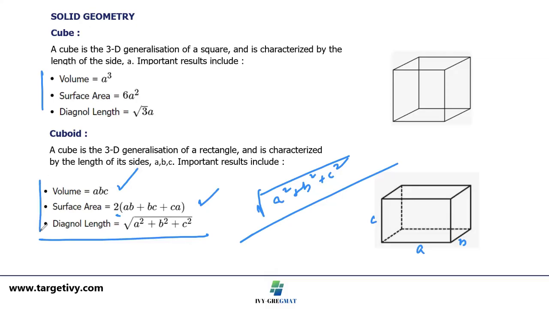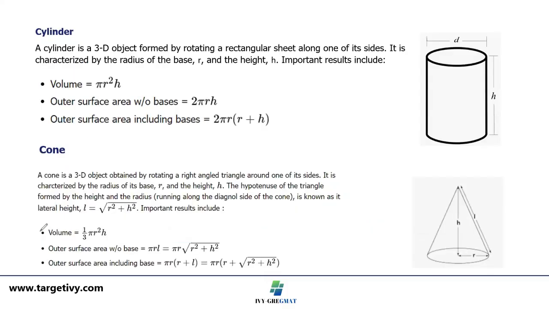Let's see the other 3D figures. A cylinder. A cylinder is nothing but when a sheet of paper is wrapped up, and this end is touched to here, and this end touches here. Then you get something like this.